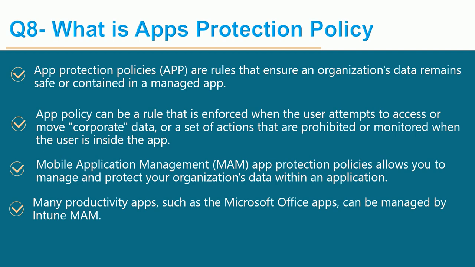You can save it into the device, but only inside the company policy applied. But you cannot send that file to your personal email ID or any other thing like GitHub or Google Drive. So you cannot upload that file, because the app protection policy will protect your company deployed app.